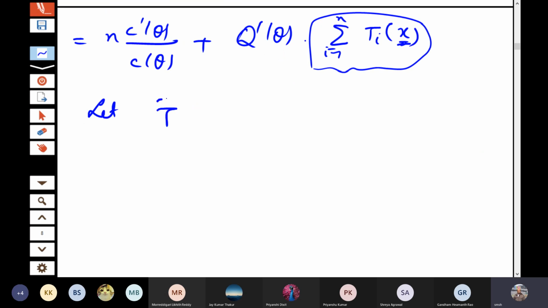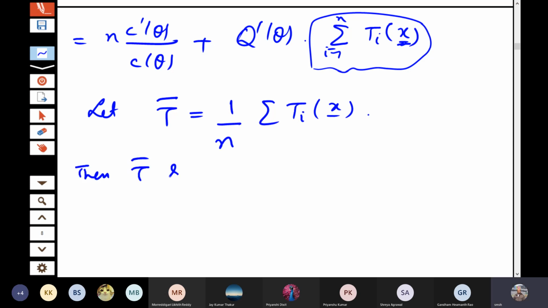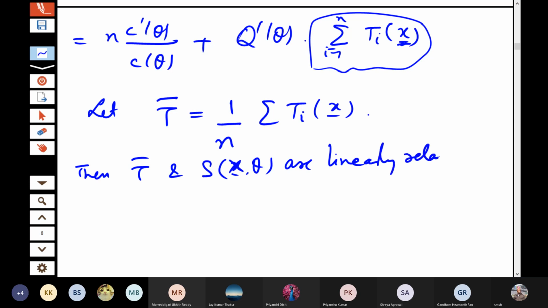Let us define t bar equal to 1 by n sigma t(x_i). Then t bar and S(x; theta) are linearly related with probability 1.